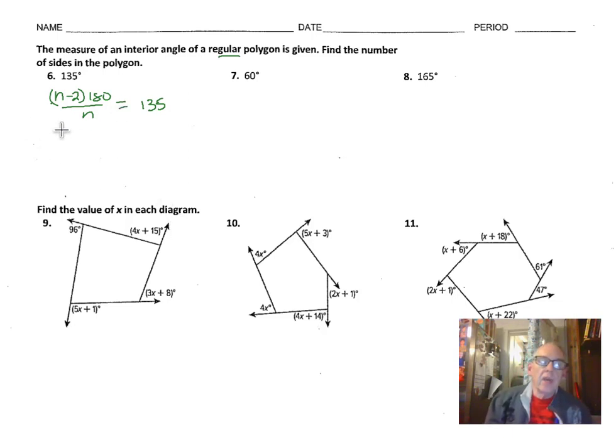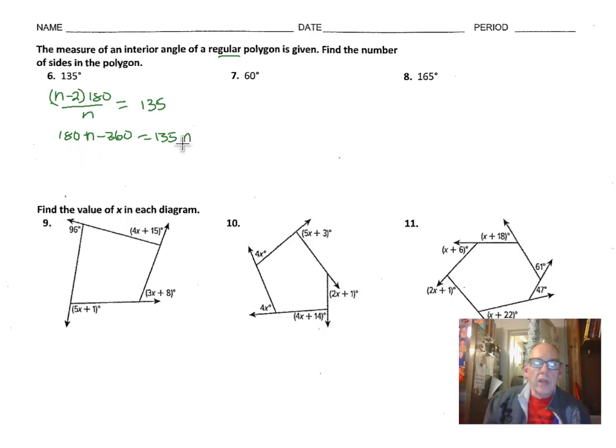Multiply both sides by n, and also multiply the numerator times 180, distribute. We have 180n minus 360 for this numerator here, and then we multiply both sides by n, which equals 135n. So I distributed in the numerator and multiplied by n on both sides to move it to the other side.